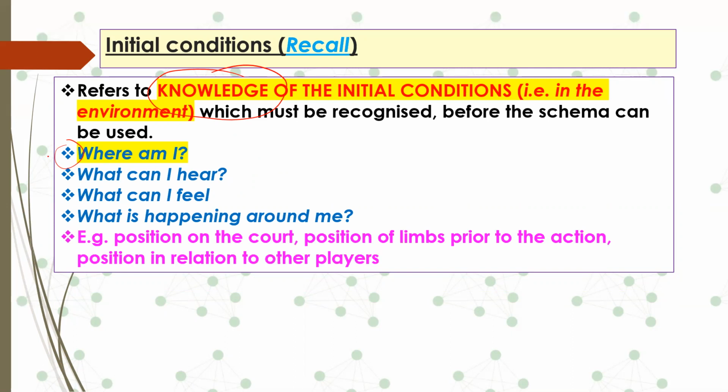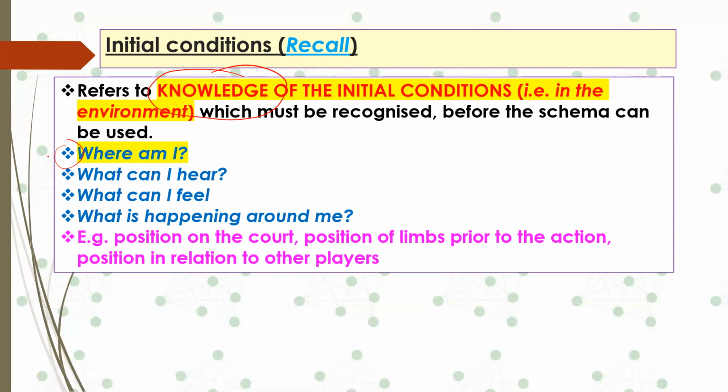So for example, if you're playing basketball or tennis, your position on the court, your position of your limbs, your arms and your legs prior to the action taking place. If you're just standing there and then the ball comes towards you, what do you have to do? What's the current position of your arms and your legs before you then react and turn and drop the racket and swing?